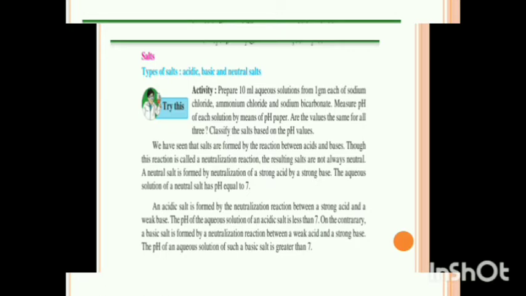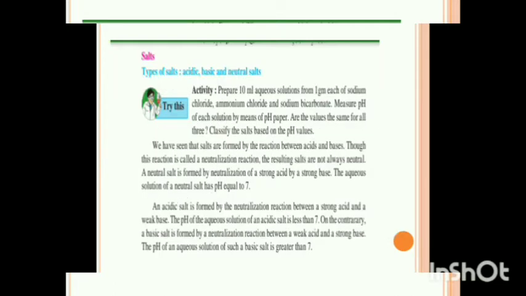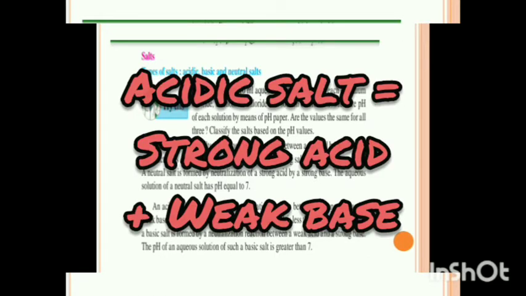A neutral salt is formed by neutralization of a strong acid by a strong base, and the aqueous solution of a neutral salt has pH equal to 7. An acidic salt is formed by the neutralization reaction between a strong acid and a weak base.